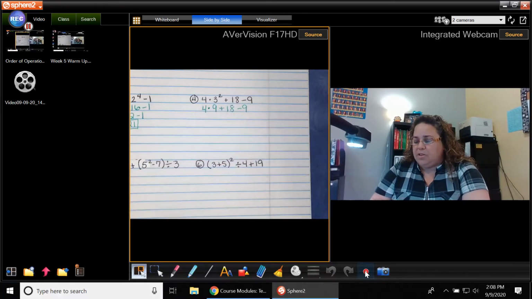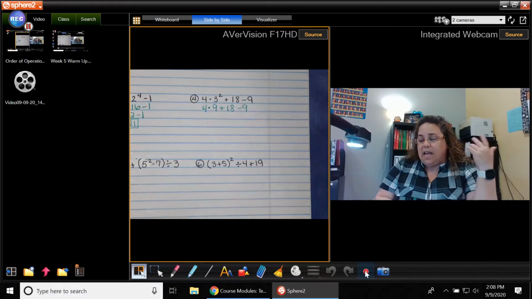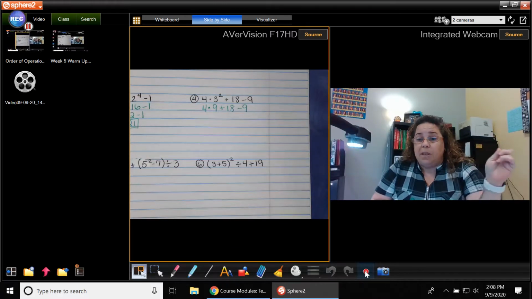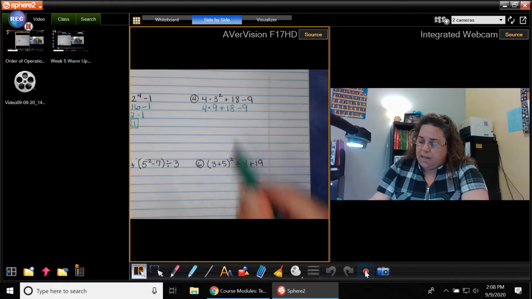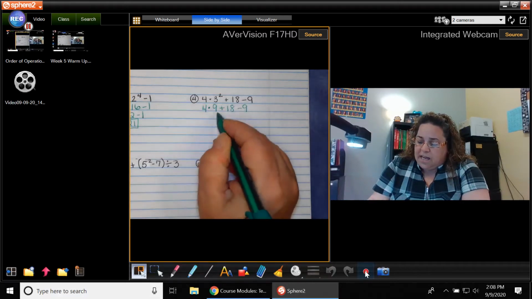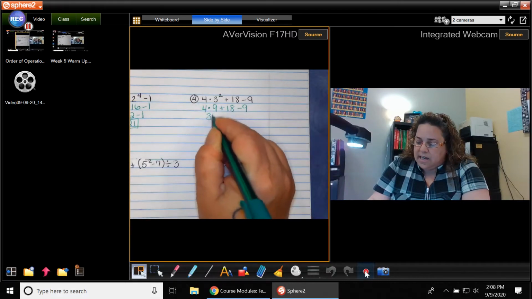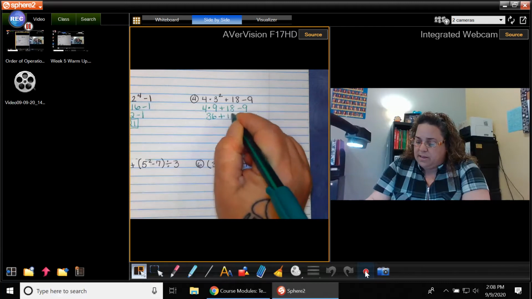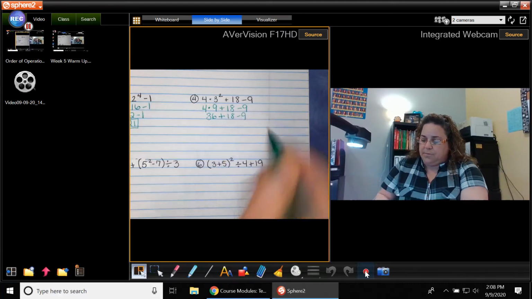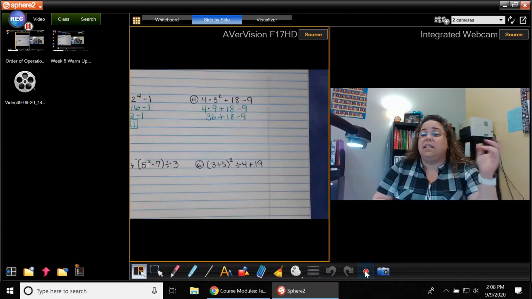Okay, so now I go to my next line, multiply and divide from left to right. 4 times 9 is 36, and I bring everything else down. Now, next line is add and subtract from left to right.